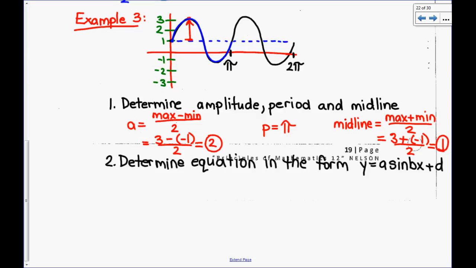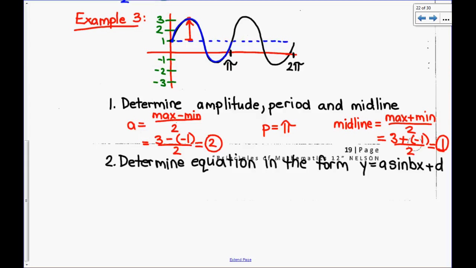So the midline is 1. Again, on this graph, we can read that information right off of the graph. We probably didn't need to calculate it, but it's always a good idea to calculate it and make sure that what you're reading is accurate. And so that just kind of verifies what you saw on this graph.